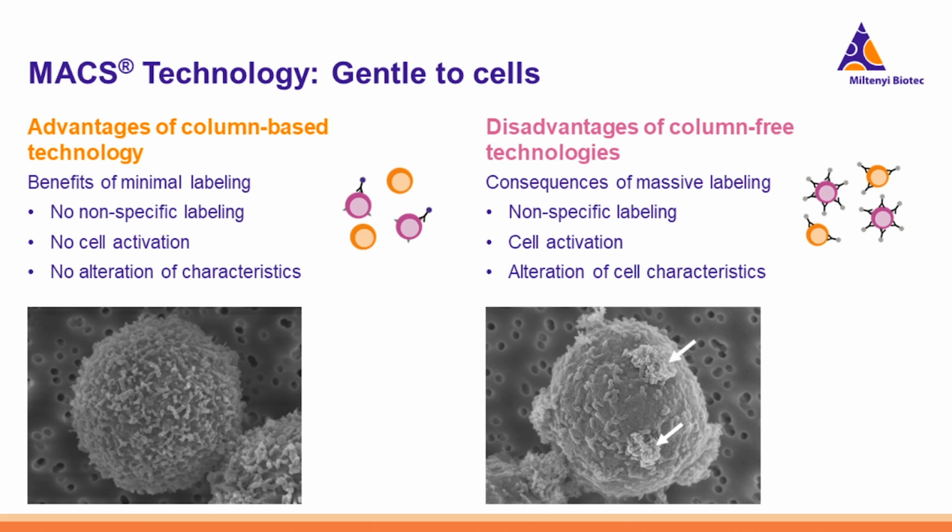Here, you can see excessive labeling indicated by the white arrows, and this became obvious after isolation. Due to the gentle and effective nature of the MAX technology, the isolated cell populations of interest are highly viable and pure. These isolated cells are compatible with any downstream application.